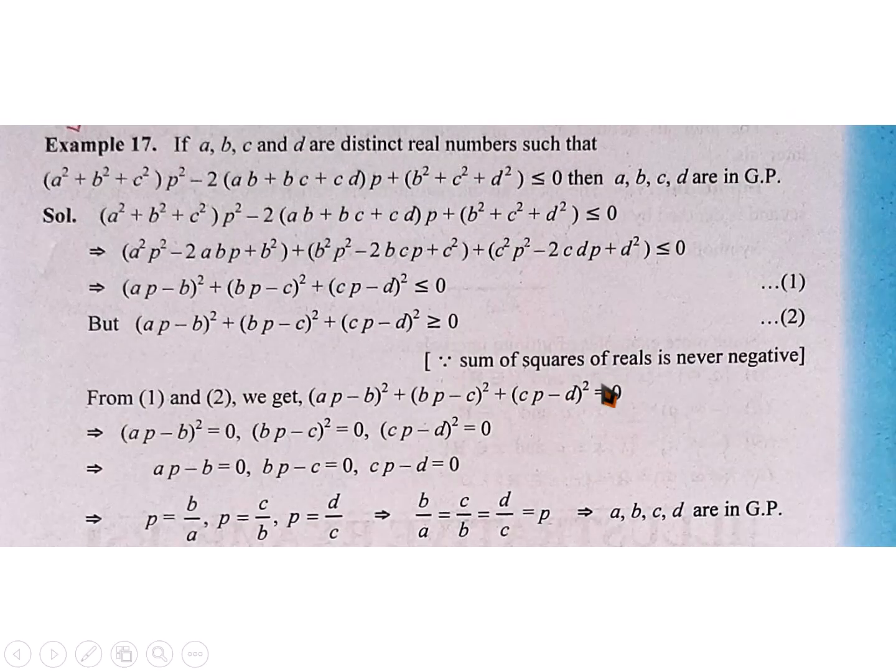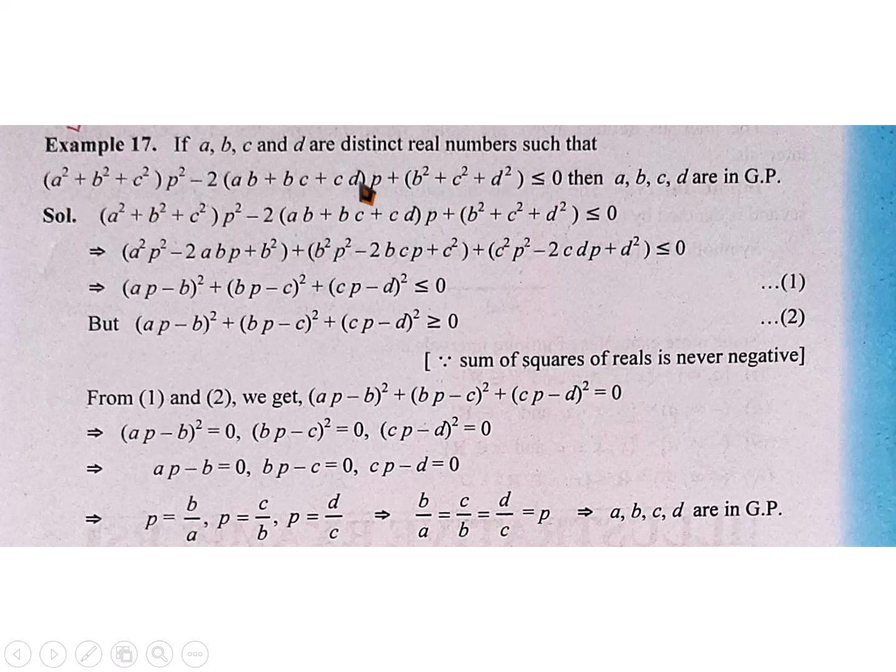So here is the last problem of today's lecture. This is a very important result. If a, b, c and d are distinct real numbers such that the condition on these distinct numbers is (a square plus b square plus c square) into p square minus 2 into (ab plus bc plus cd) into p plus (b square plus c square plus d square) is less than or equal to 0.